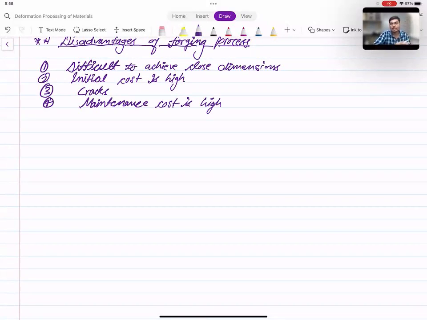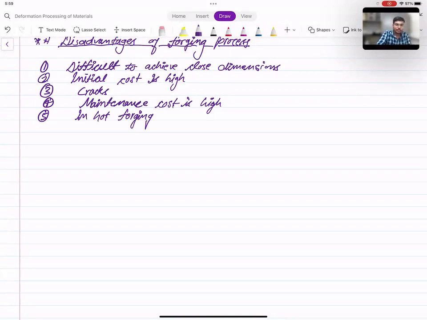And again, in case of hot forging operation, the material which is at higher temperatures would be directly exposed to atmospheres which may be corrosive for them or which may lead to oxidation of the surfaces. Okay, so this is a potential threat in case of this hot forging operation. And generally we adopt hot forming operation only because they require lower stresses.